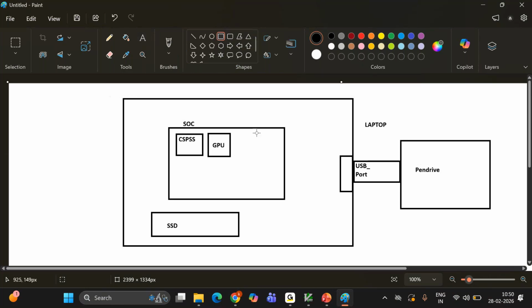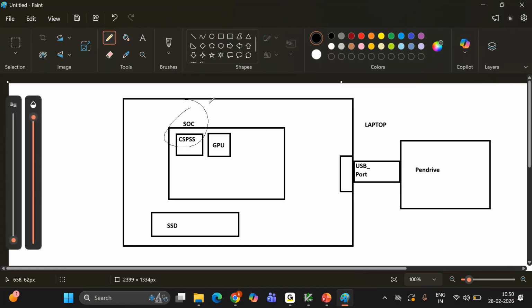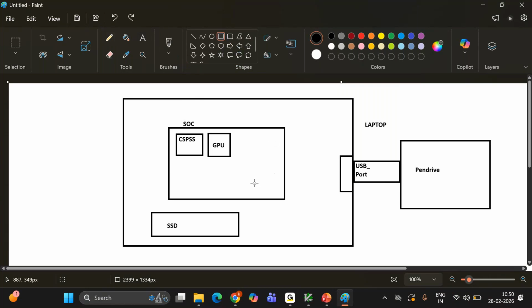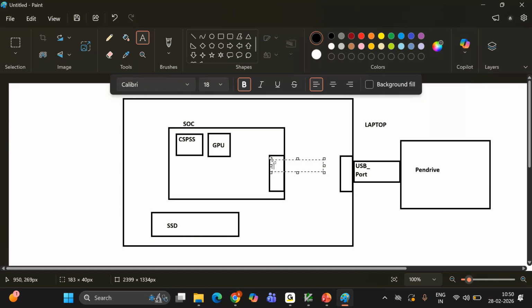Now this SoC will have a peripheral controller. What is a peripheral? Communication from the chip to the external world is called peripheral, such as a USB controller, which will be here. Why a USB controller?